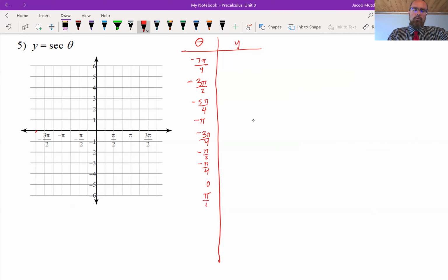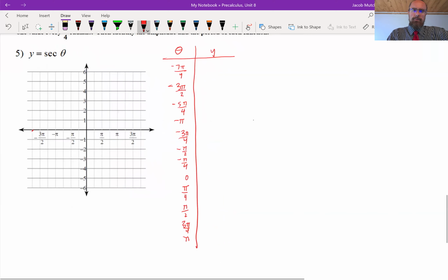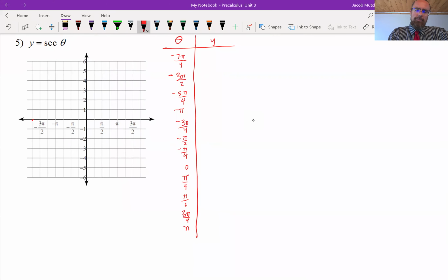So pi over 4, pi over 2, 3 pi over 4, pi. And almost got all of it. 5 pi over 4, 3 pi over 2, and then 7 pi over 4. So that's the full domain. Lots of values here. But again, you mark them all, and then you're looking for some patterns.